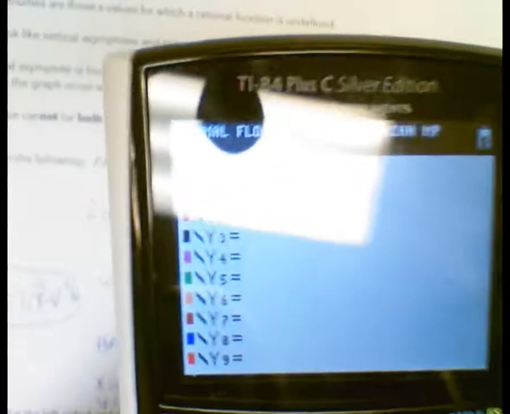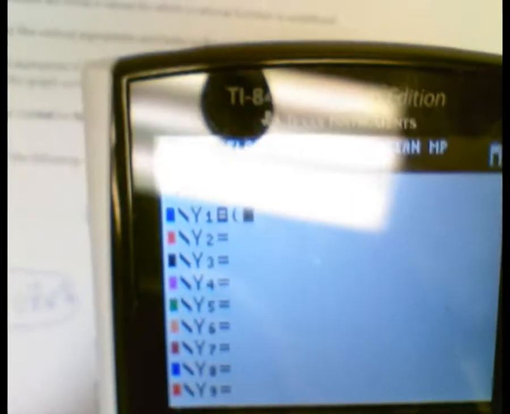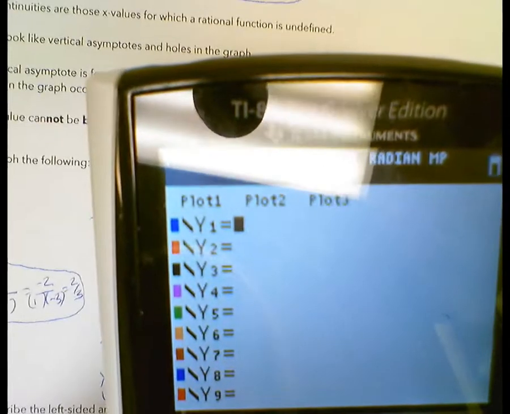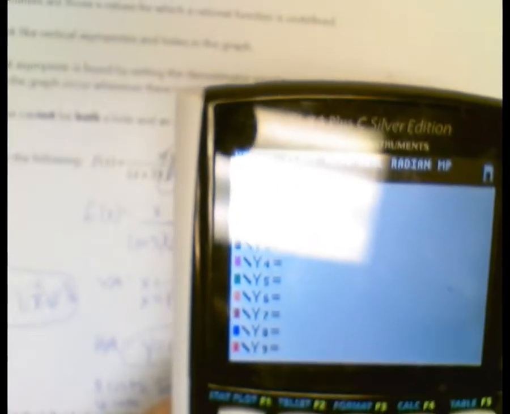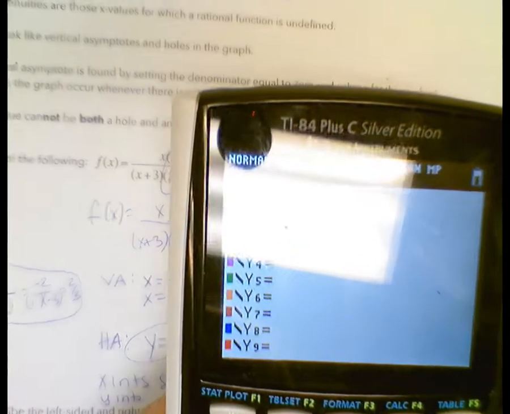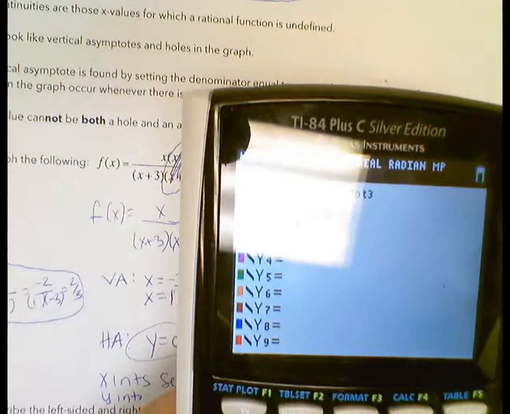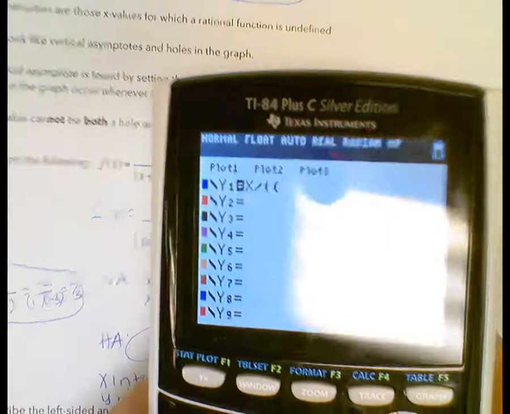So I'm going to do parentheses x. Actually, I don't know that I need parentheses. Let me clear that out. Let's just do x divided by. And I need double parentheses here because I need one parenthesis for both factors, and then separate parentheses for the individual factors. So I'm going to do 2 left parentheses. This is for those people that have to type this in this way.